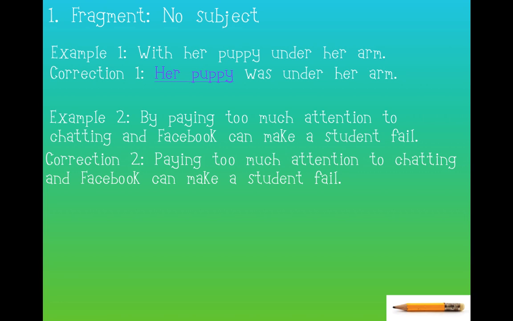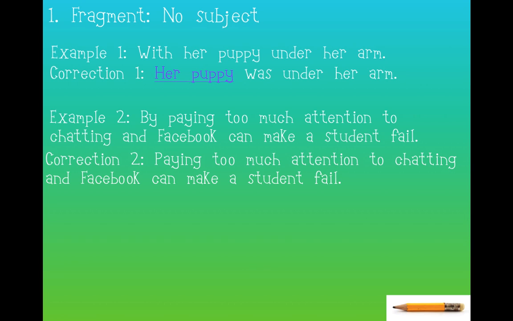Remember, prepositional phrases will not be part of the subject. So when we take away the by, we now see that paying too much attention to chatting and Facebook is the subject because there's no prepositional phrase, and doing those things can make the student fail.